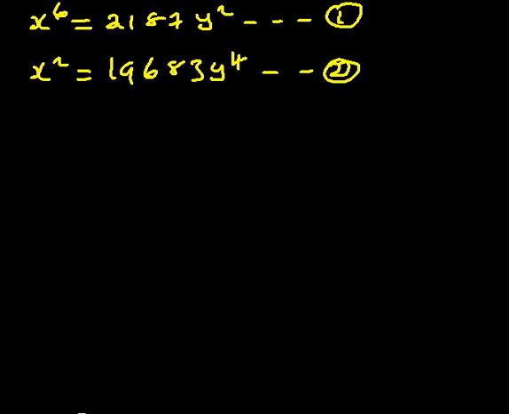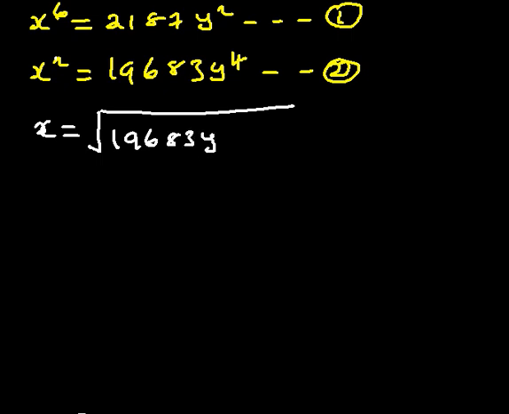In this case, we make x in the second equation the subject of the formula. So x is given as the square root of 19683 y to the power 4.